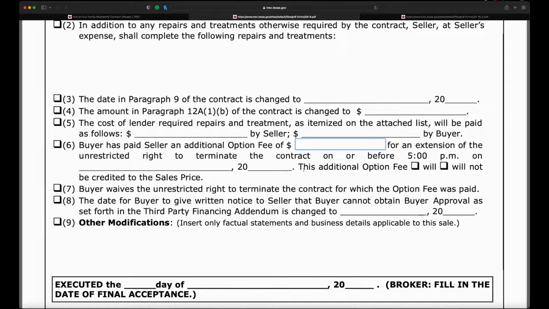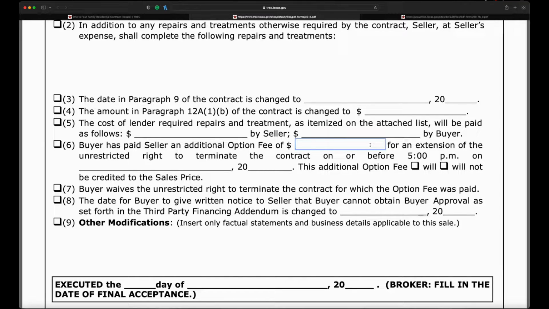I have that a lot of times where the utilities are not on, or sometimes the lockbox got jammed and it doesn't want to open, or something happened and we just can't do inspections, and we need an extra week sometimes, or there was a major water leak in there and they need to fix it, and you need extra option time. Then there won't be any more extra money being thrown out.